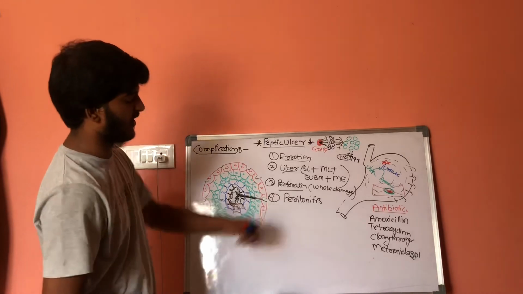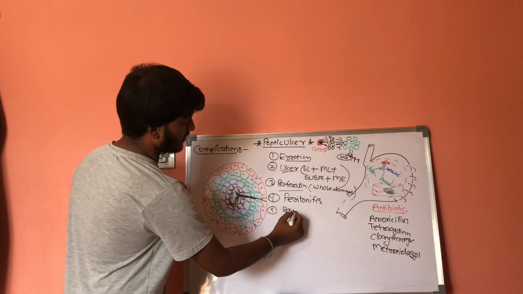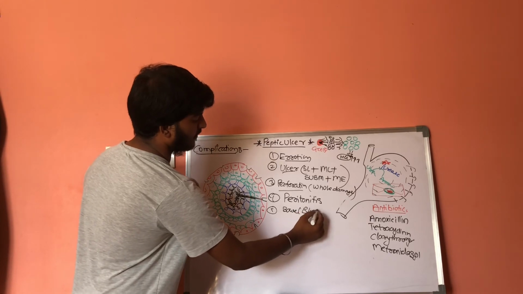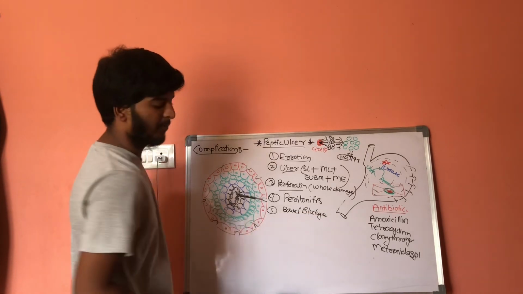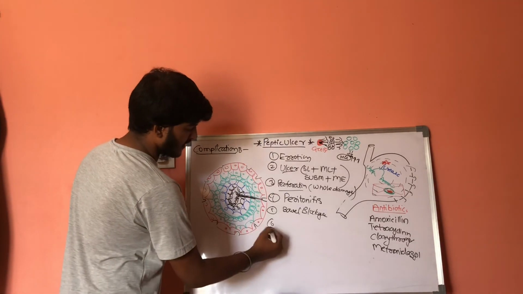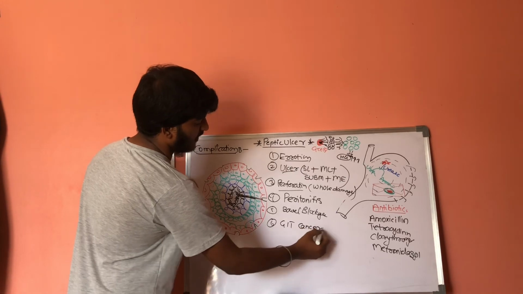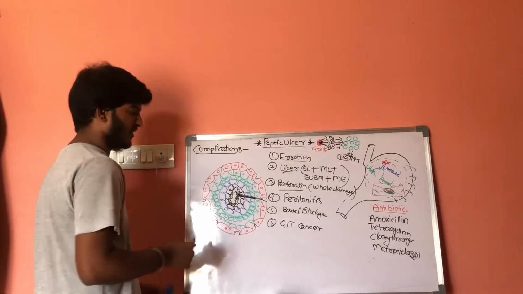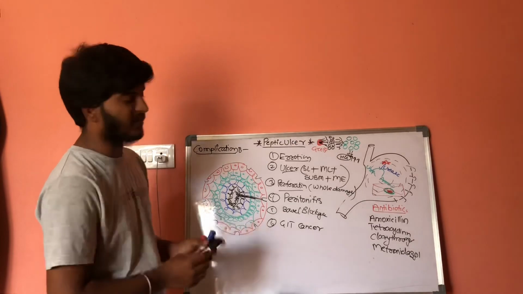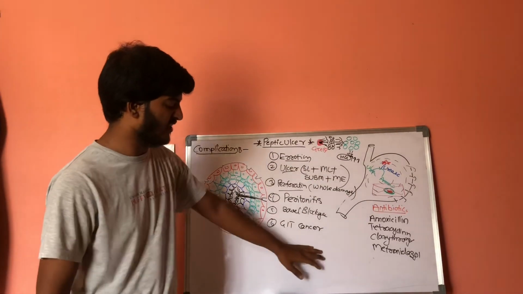Next one is bowel blockage. There will be blockage in the bowels. And the next important complication is gastrointestinal tract cancer. If there are over obstructions and abnormalities, it may result in the formation of tumors, a gastrointestinal tumor.